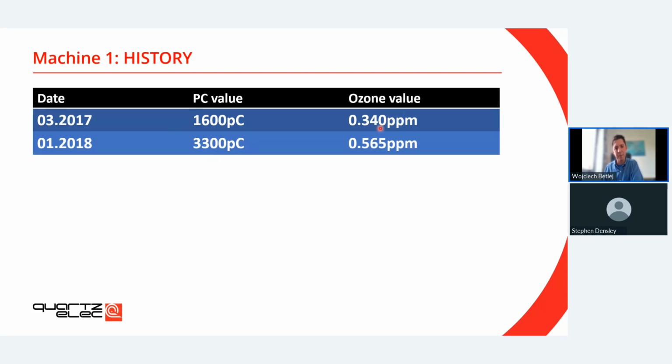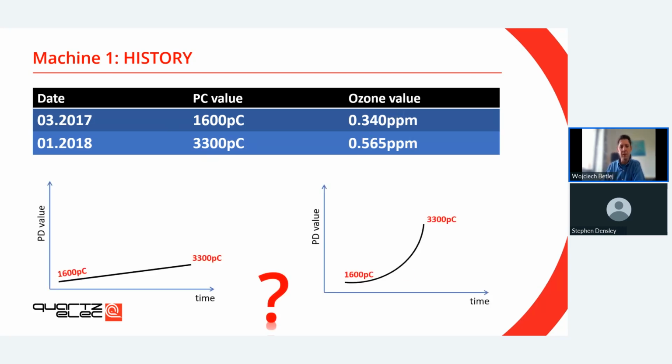And the same happened with the ozone. What we didn't know, because those were just tests performed periodically, is whether that jump is just a gradual increase of PD value, or maybe that was already the exponential curve that we should be really worried about. This is something that we don't know.